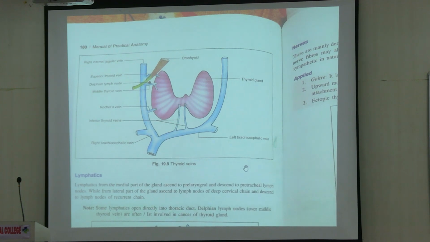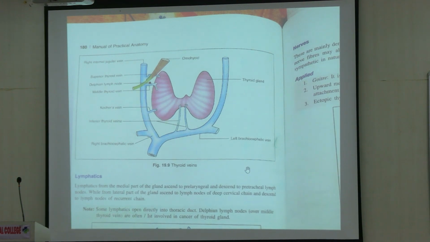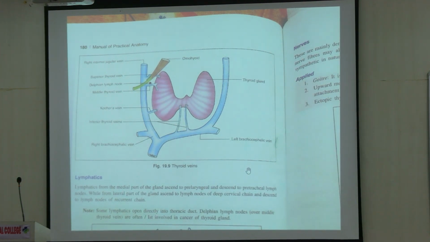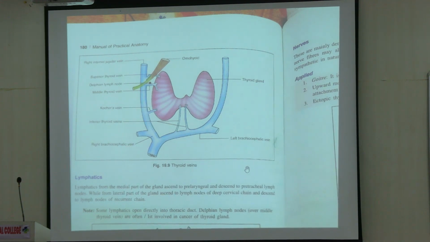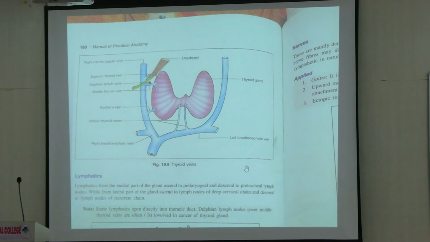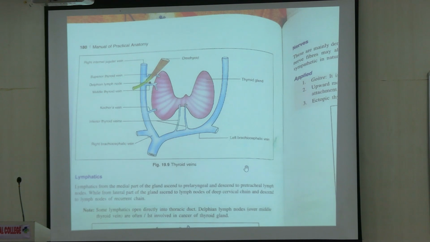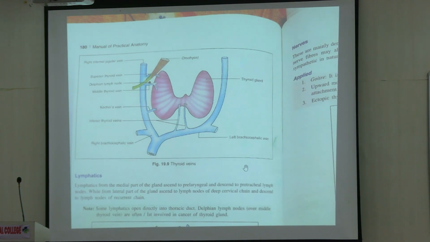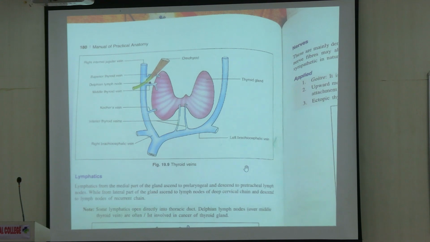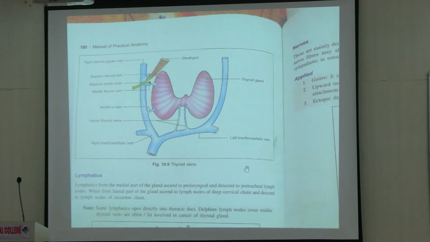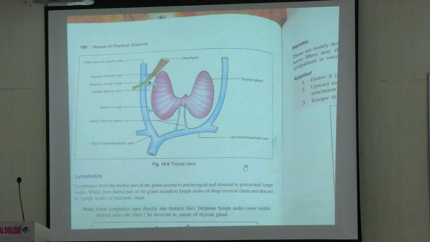Where the omohyoid crosses the internal jugular vein, there also lies a lymph node called the jugulo-omohyoid. Right? So the jugulo-omohyoid node may be involved. Pretracheal and pre-laryngeal lymph nodes may be involved. Some lymph nodes lie along the recurrent laryngeal nerve. That also may be involved.